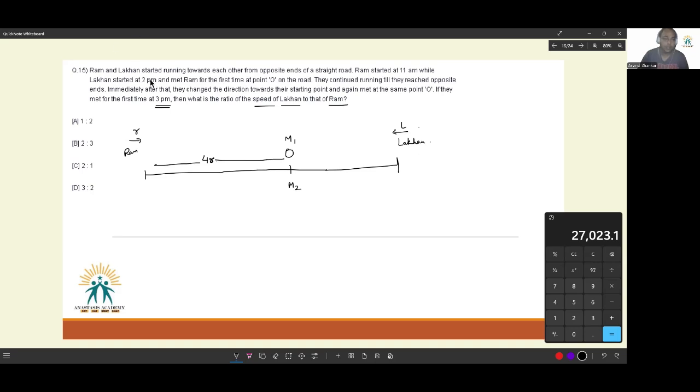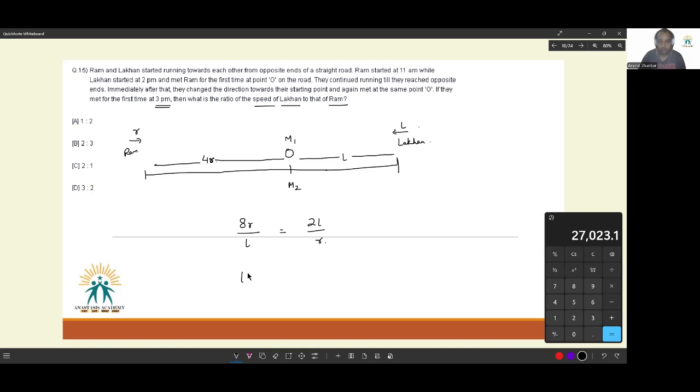Lakhan started running at 2 p.m. and he met Ram at O at 3 p.m. So this distance is as good as L, speed of Lakhan. Now, they first met at O. Then Lakhan has gone 4R forward and then 4R backward. 8R at the speed of L takes the same amount of time as 2L at the speed of R. Great.